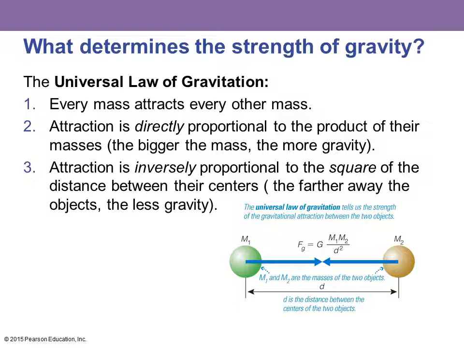So anybody could take a formula such as this and figure out the gravitational force between the objects. The capital G is the gravitational constant. So we could plug that number in, plug in the masses of the two objects, come up with the distance between the centers of the two objects, and we would have the gravitational force that they're being attracted by. But the main thing, again, is to remember that it's mass and distance that determine the gravitational force between two objects. Mass of the two objects and the distance between them.